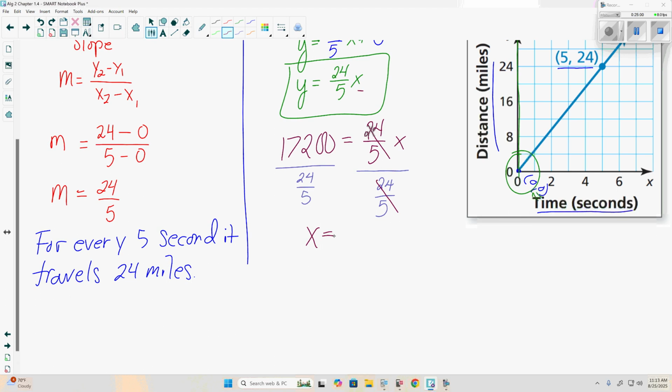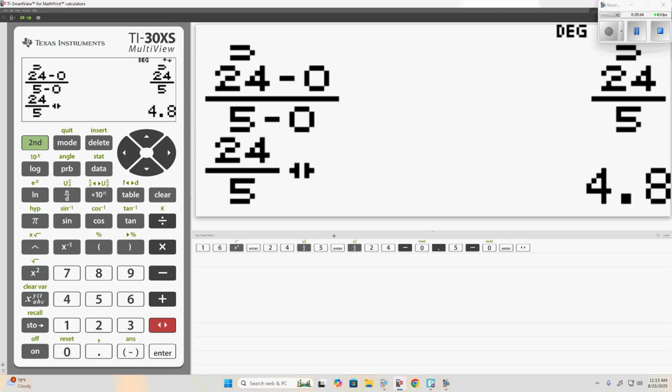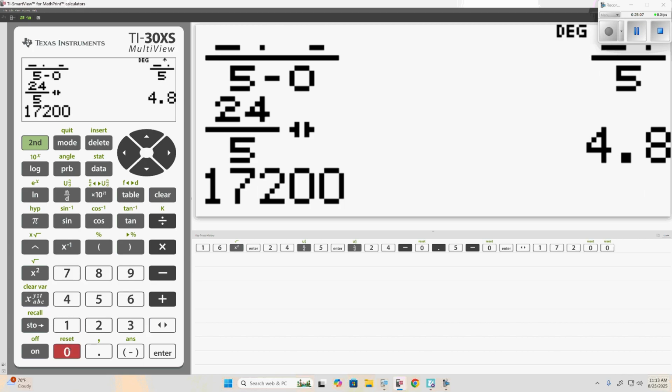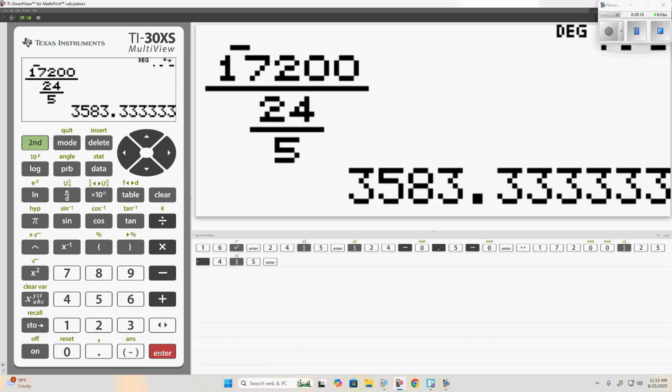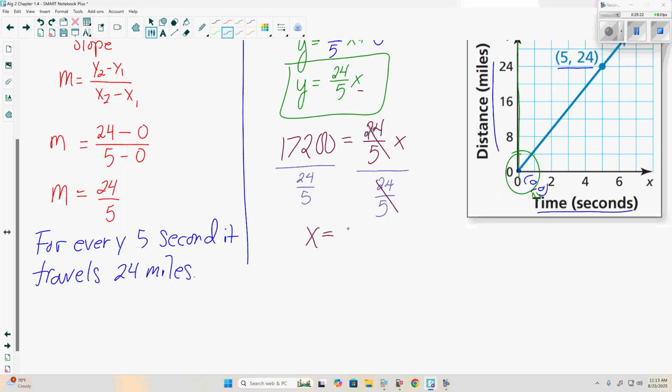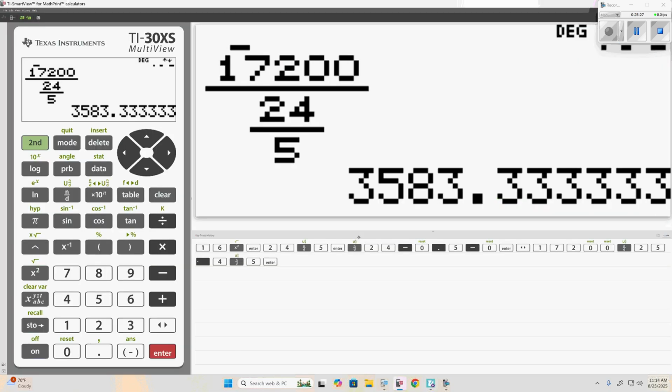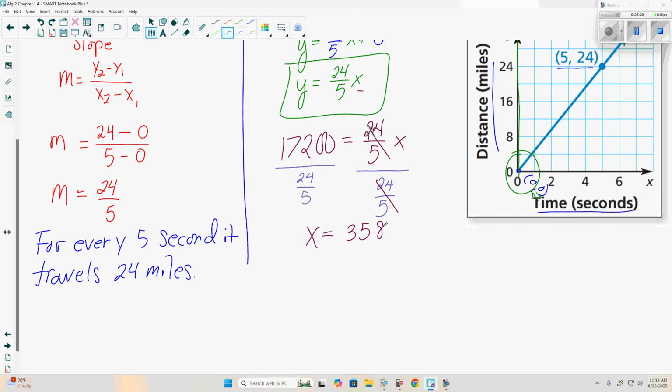Now we do need to divide the other side. Our 17,200 is being divided by 24 fifths. $3,583. Let's see what it asks for.